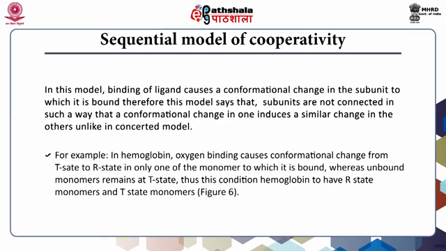For example, in hemoglobin, oxygen binding causes conformational change from T state to R state in only one of the monomers to which it is bound, whereas unbound monomers remain in the T state. Thus, this condition allows hemoglobin to have R state monomers and T state monomers.